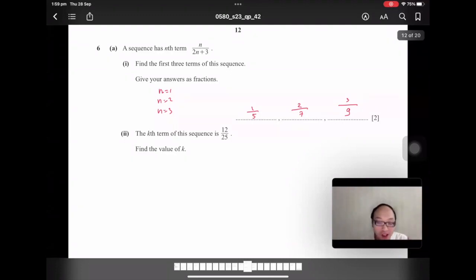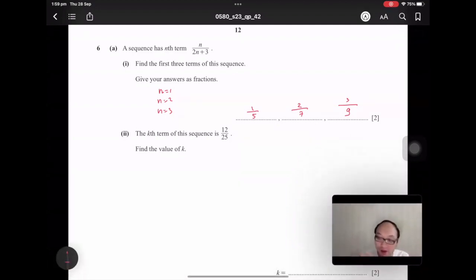The k-th term of this sequence is 12 over 25. Find the value of k. So that means k over 2k plus 3 should equal 12 over 25.